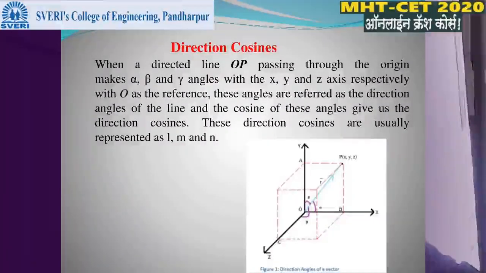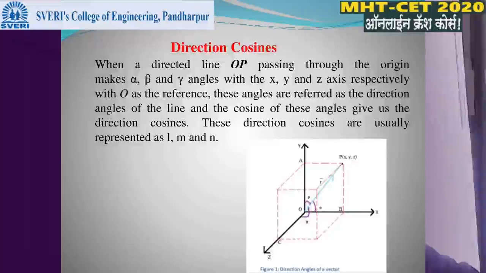When a directed line OP passing through the origin makes alpha, beta and gamma angles with the x, y and z axis respectively with O as a reference, these angles are referred to as the direction angles of the line, and the cosines of these angles give us the direction cosines.